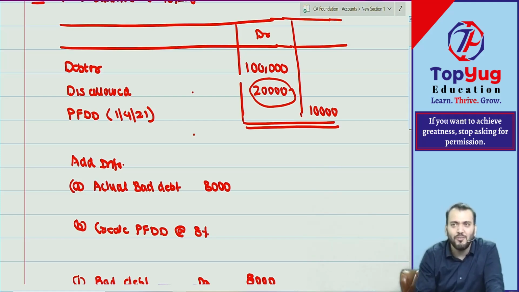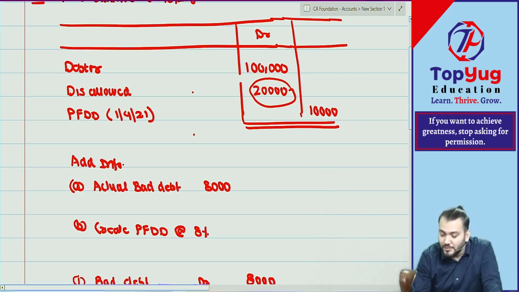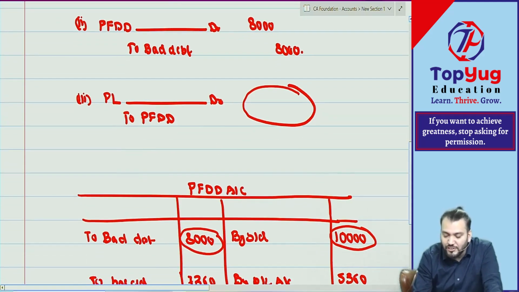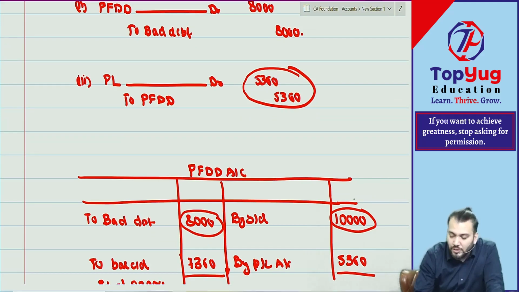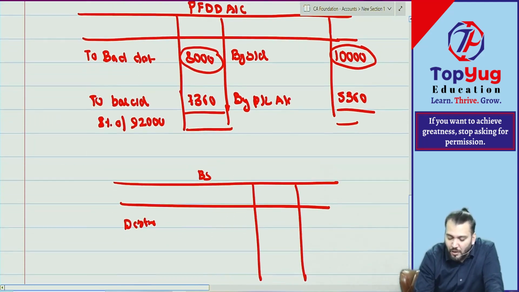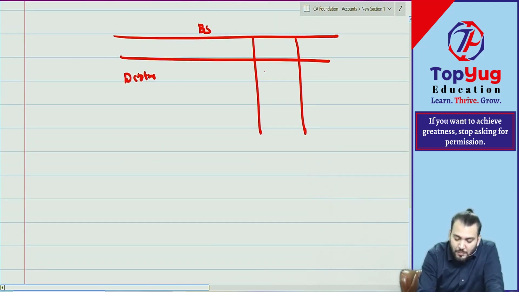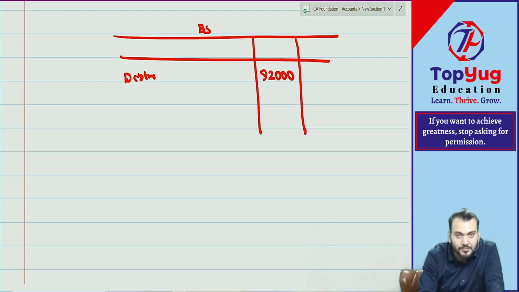This I have just given to confuse you. Did anyone use discount allowed while doing the solution? No, leave it, it is extra. So this amount becomes 5,360. Now in the extract of the balance sheet, debtors will come how much? 92,000, correct?